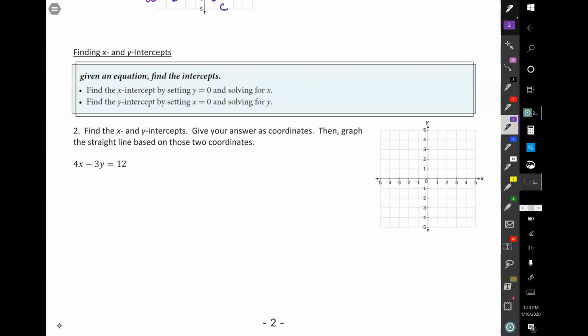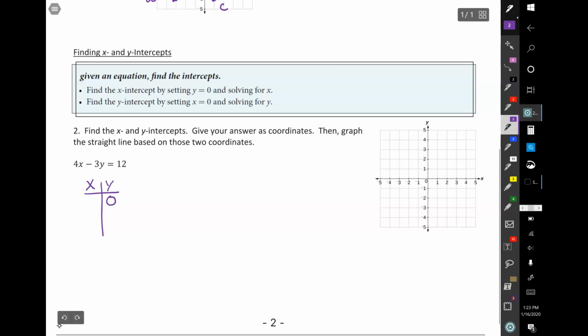So we have 4x minus 3y equals 12. Sometimes I like to just set up kind of like a little tic-tac-toe board. It looks like I make a T, and then I have x and y at the top. If I want to find the x-intercept, I'm going to set y equal to 0.